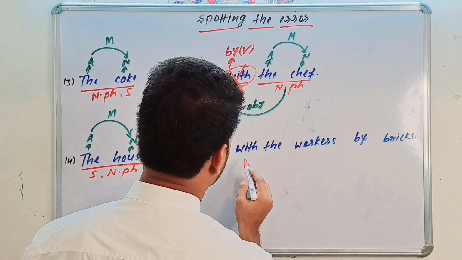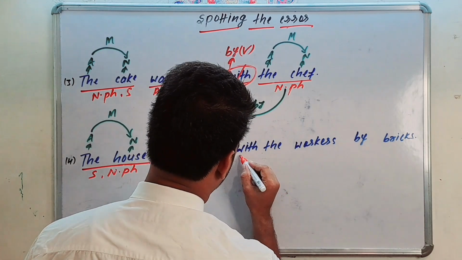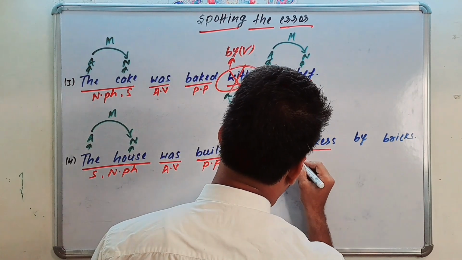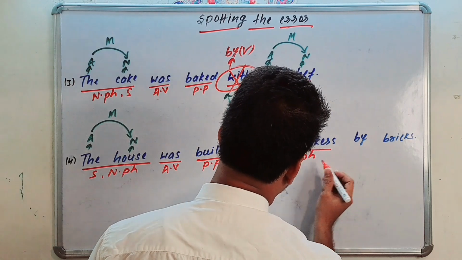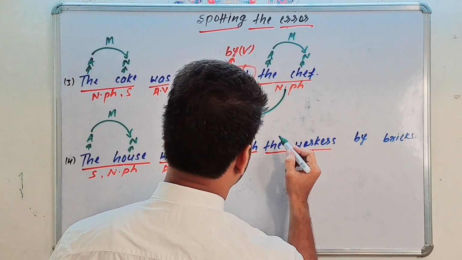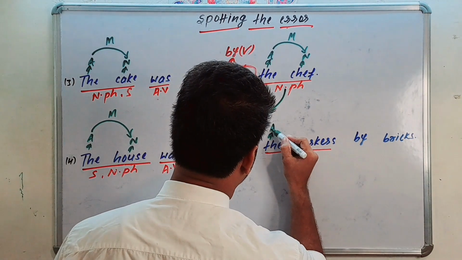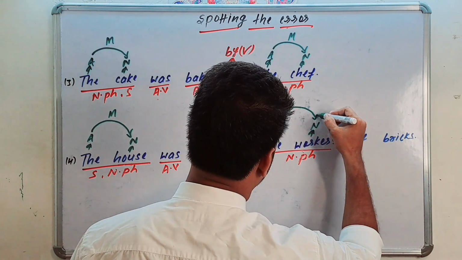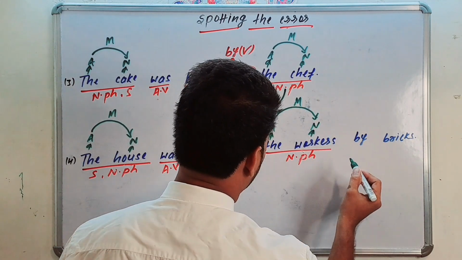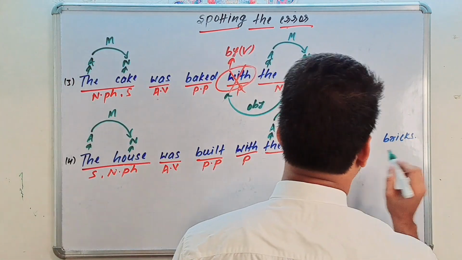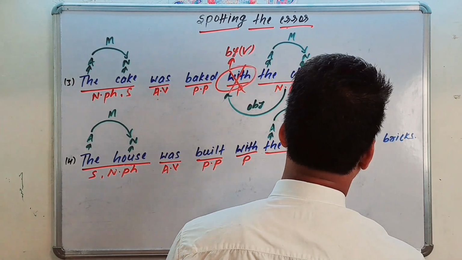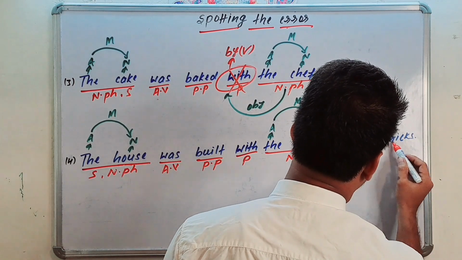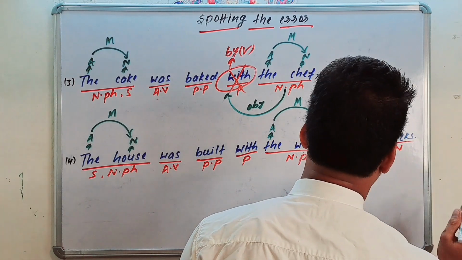Was built with the worker, and here see the preposition and the worker, again a noun phrase, and in that noun phrase this is your definite article and a noun which is modifying the noun. Okay, and by bricks, and here see by, again a preposition, and this is your noun bricks.